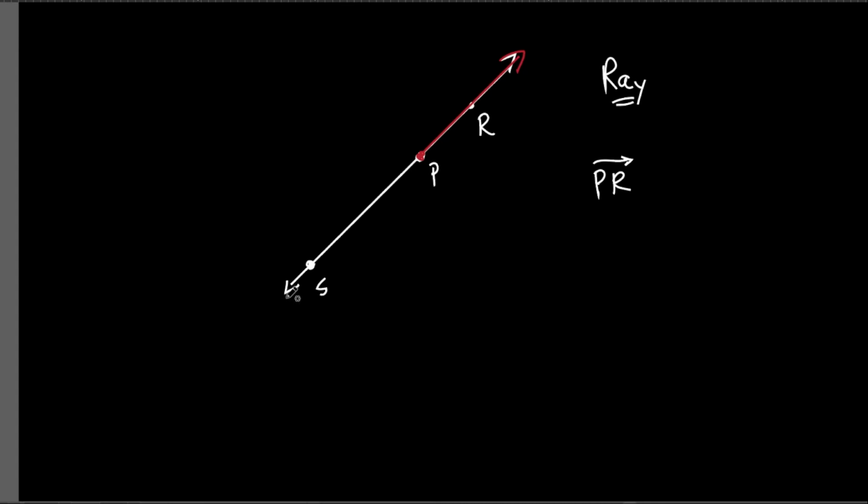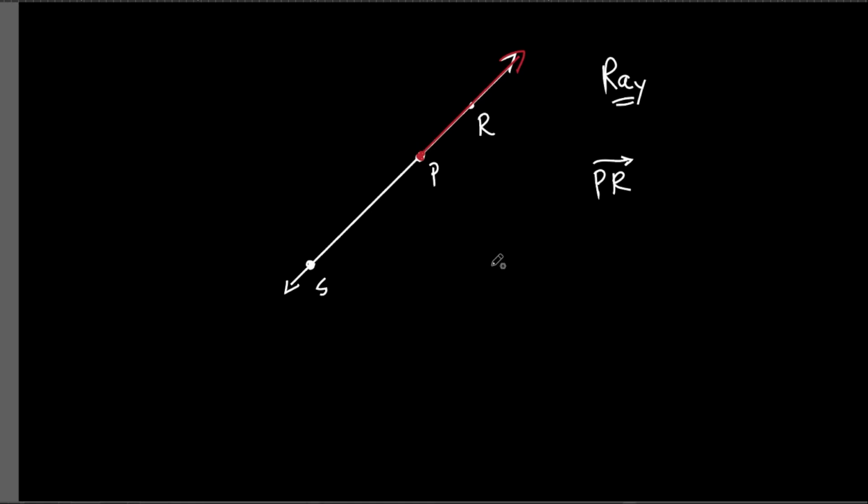You see the difference? When I did lines, did it make any difference whether it was line PR or line RP? Didn't make any difference because it just keeps going forever in both directions. For a ray, the point has to be first, the point where it starts, okay? Because a ray does have a beginning, but it doesn't have an end.